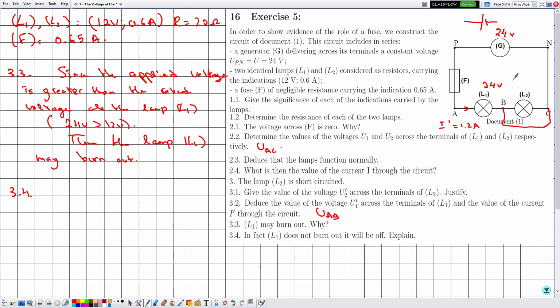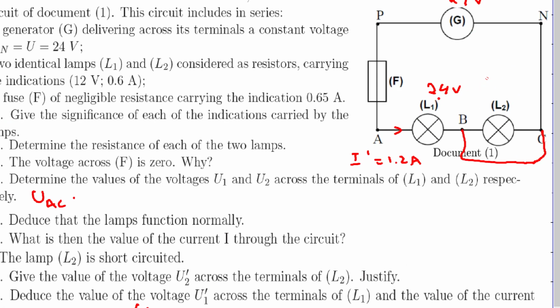Okay, so as soon as the lamp starts to function strongly due to the high applied voltage compared to the rated voltage, at that time the fuse will respond much faster. The response of the fuse will be much faster, and it will cut off the circuit directly.